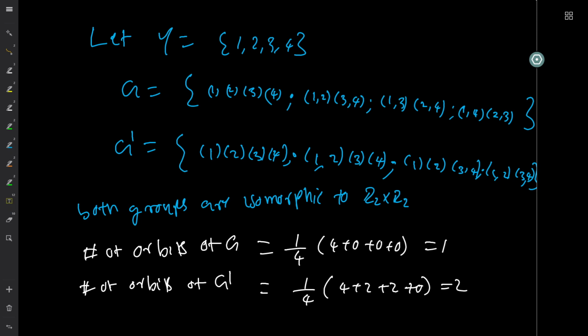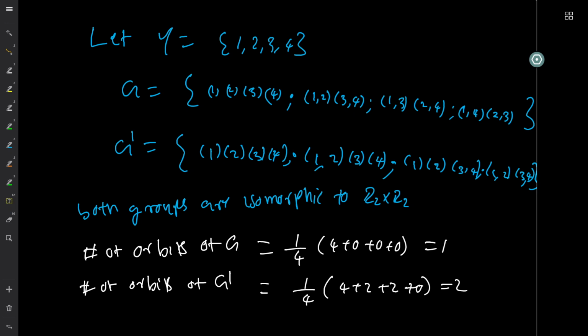So let's say that Y is the set {1, 2, 3, 4}, and G is the group with the identity (1)(2)(3)(4), then (1 2)(3 4), (1 3)(2 4), and (1 4)(2 3), right?